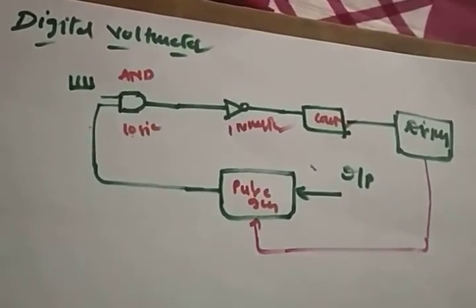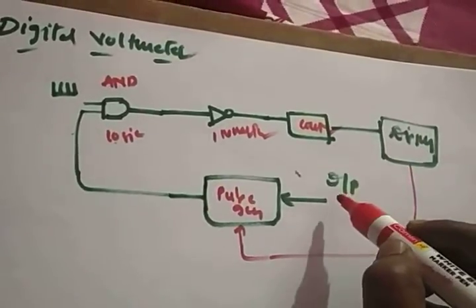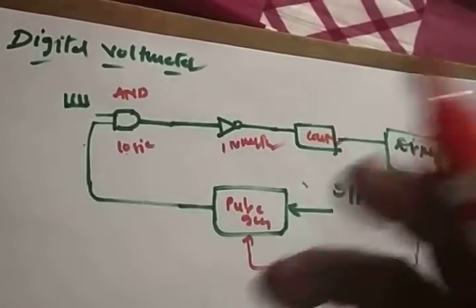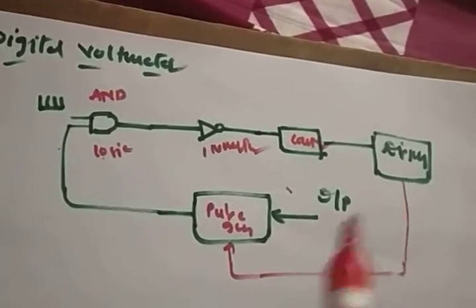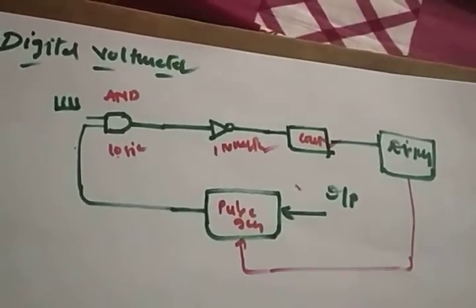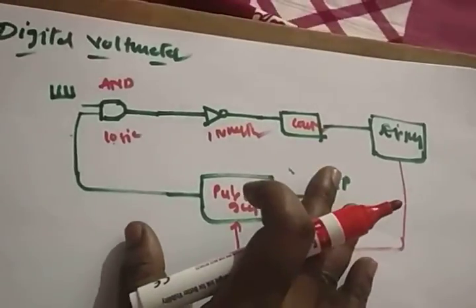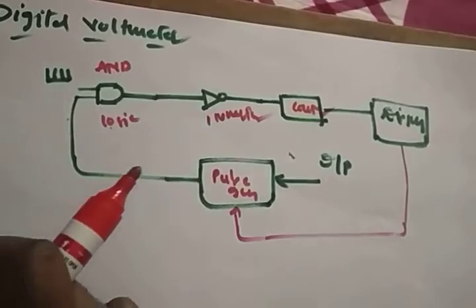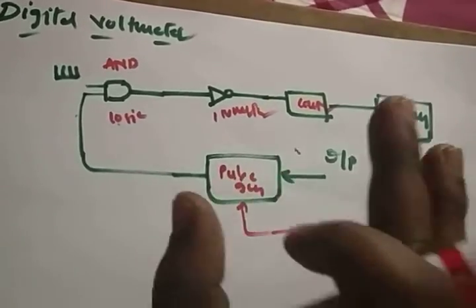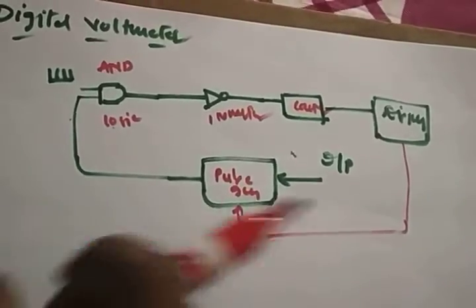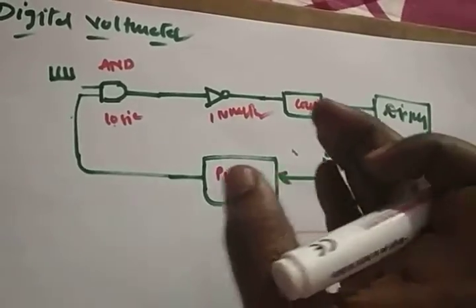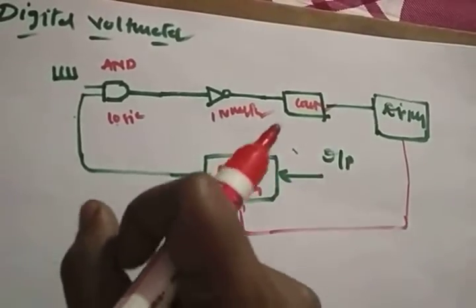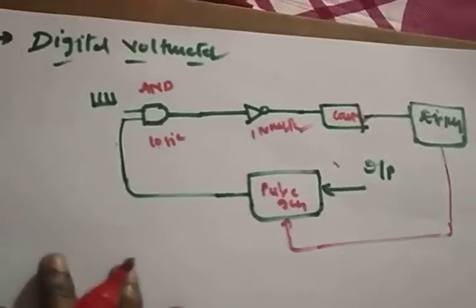Whatever input voltage you want to convert from analog to digital can be applied across the pulse generator. The pulse generator is a device which is like a voltage source, having digital circuits and analog circuits. It will convert whatever input signal is given to it into a rectangular wave.